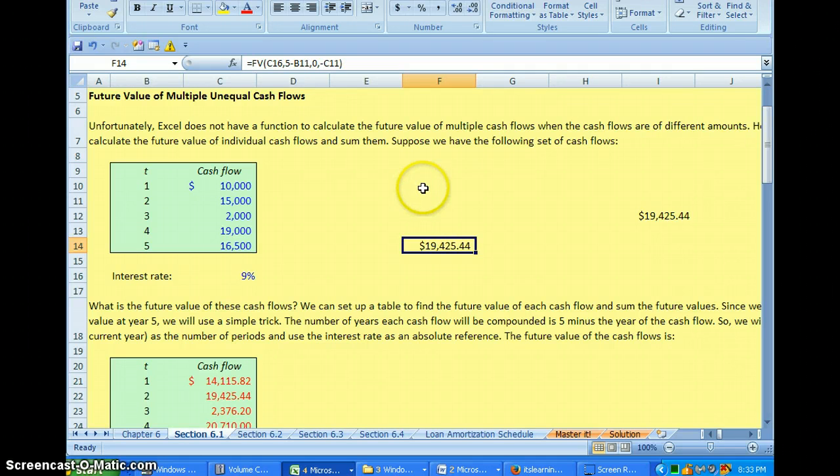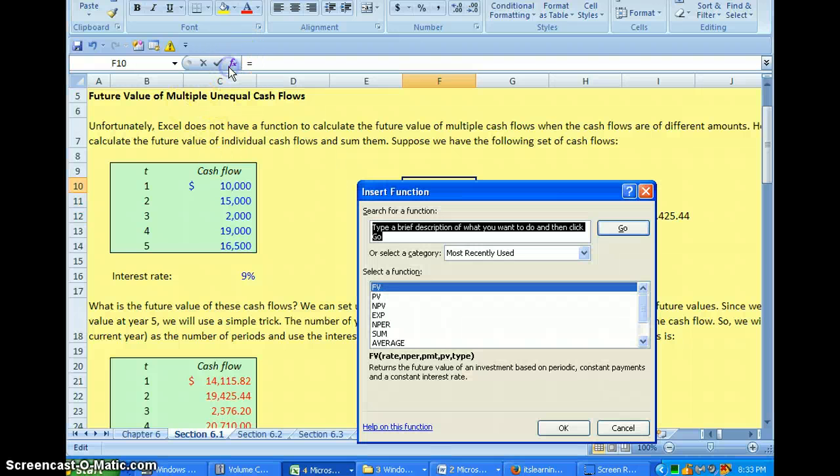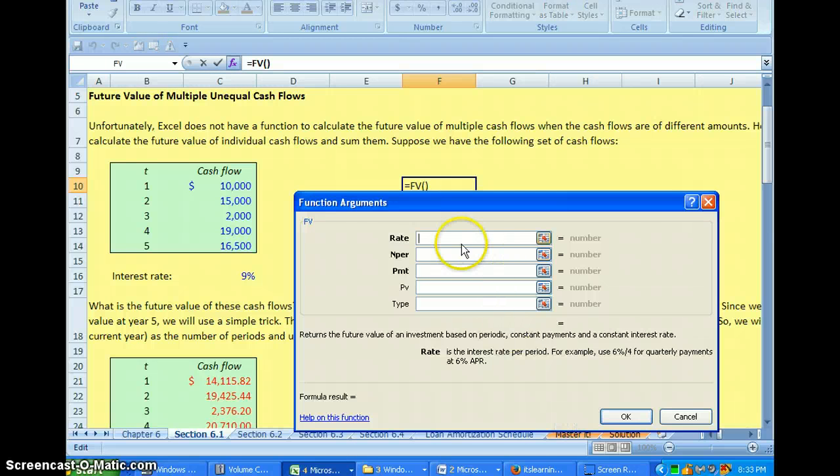What you're doing is bringing down for each year. We're going to just do one for each year here. Future value, the rate, we're going to use 9%. Now, number of periods, there's 5 years here, and this is the trick I was talking about. It's 5 years, so for example, if we're doing year 1, and we do 5 minus year 1, that's going to tell the Excel 4 years.